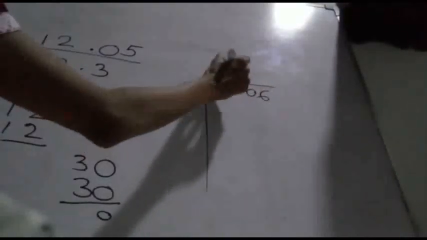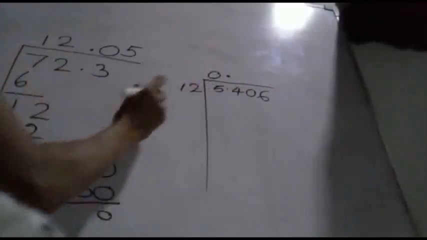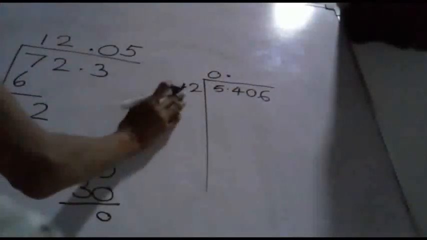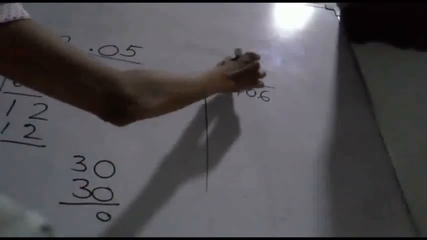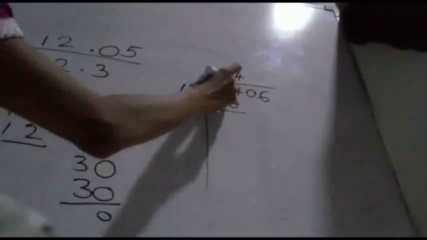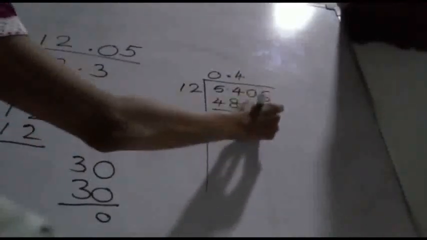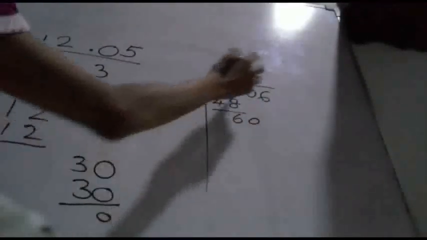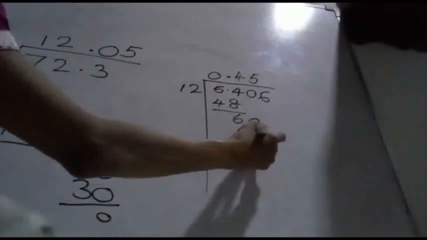5.04406 is divided by 12. 5 is not divisible, 5 is less than 12. Here we write 0. 54. 12 times 4 is equal to 48. 48 is subtracted from 54. Here 6. We write 0 here. 12 times 5 is equal to 60.